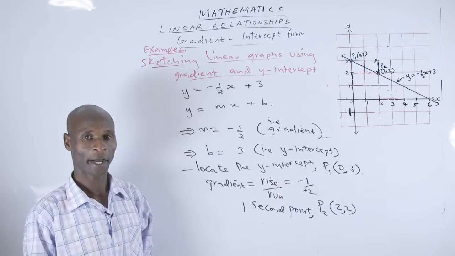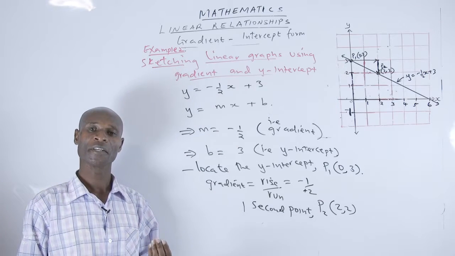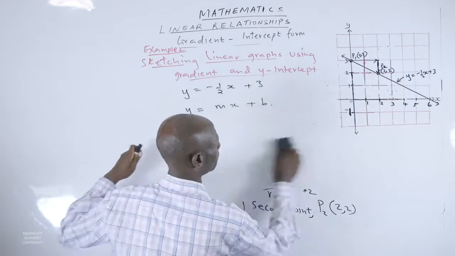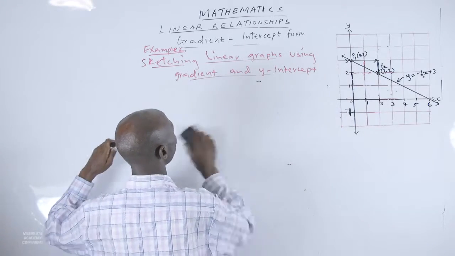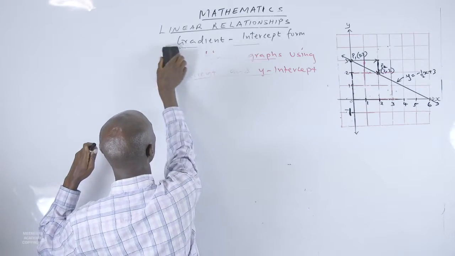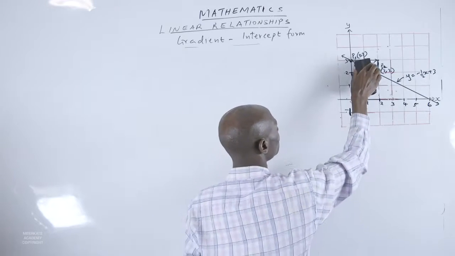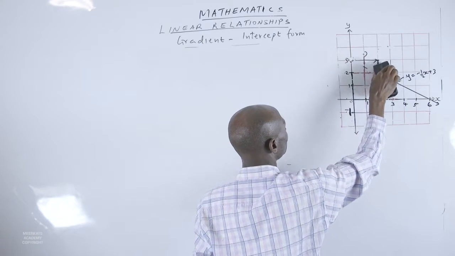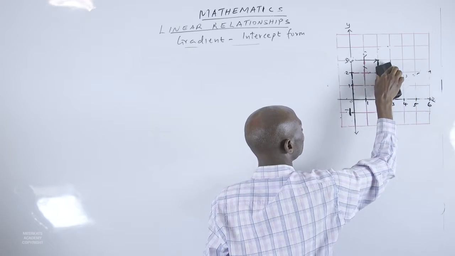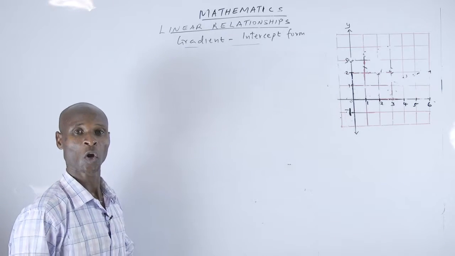Let us now look at another case on how you can decide if a point is lying on a given line. We shall call that example 3.